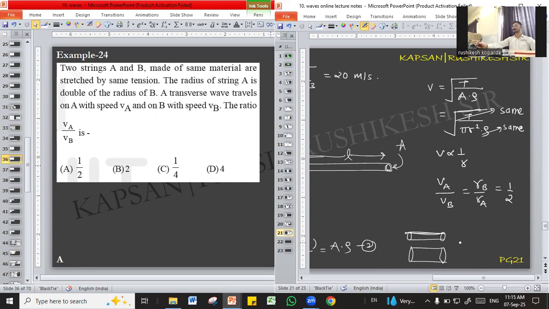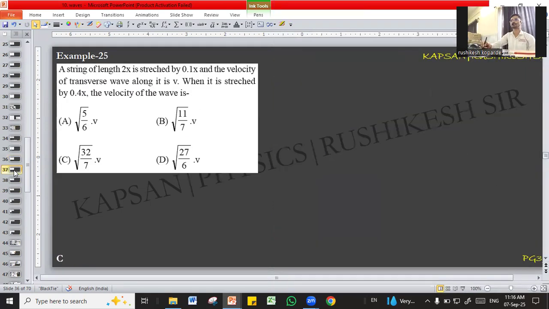Both of them are iron. So what will be the same? Density will be the same. This is actually a thicker wire, so it will have more mass in the same length. So when they say material same, it will be mass per unit volume the same. Rho will be the same. Mu will not be the same. Mass per unit length, mu, is area into density. Solve this.